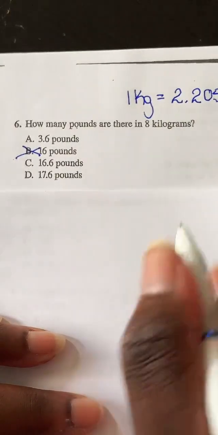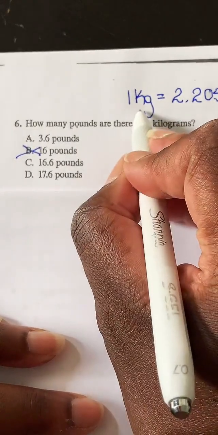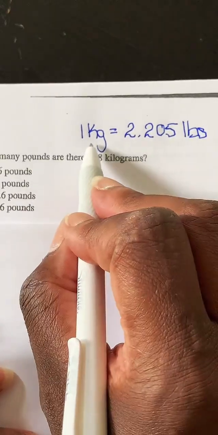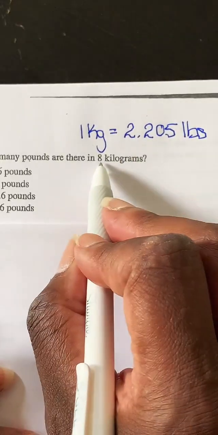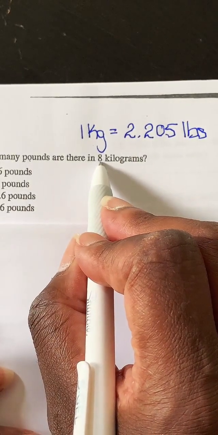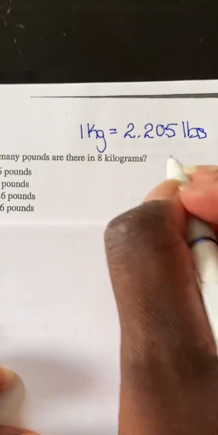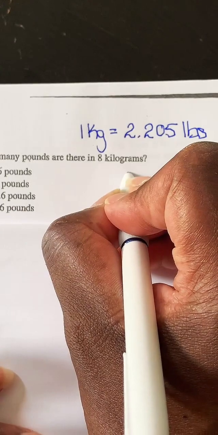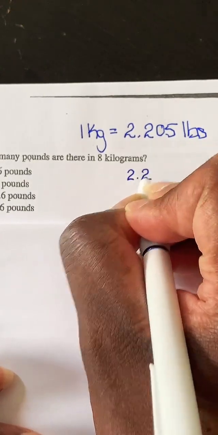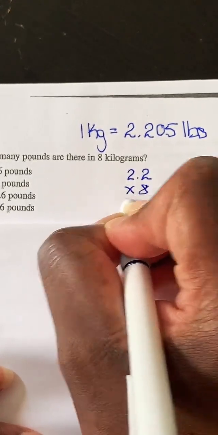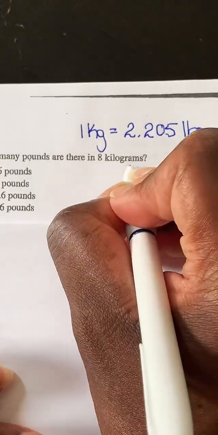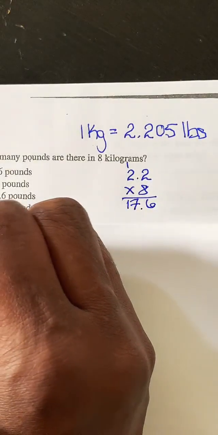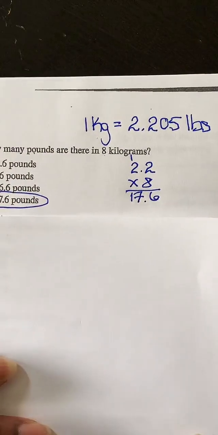If 1 kilogram is going to equal this, how much do you think 8 kilograms is going to be? So what are we going to do? We're going to multiply. Even if you just remember it as 2.2 and you multiply that by 8, you got your 16 and 1, that gives me 17. Your answer choice is going to be D.